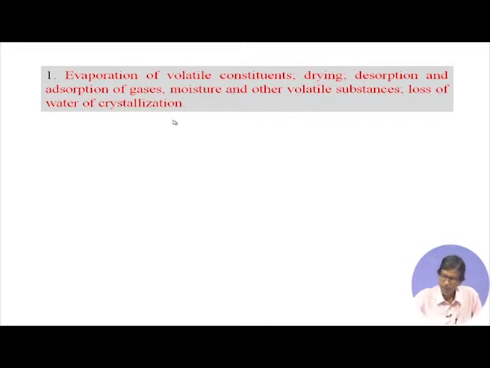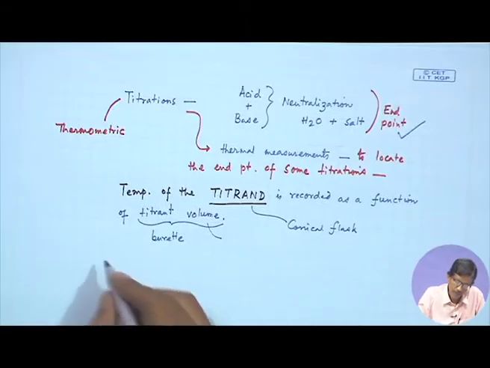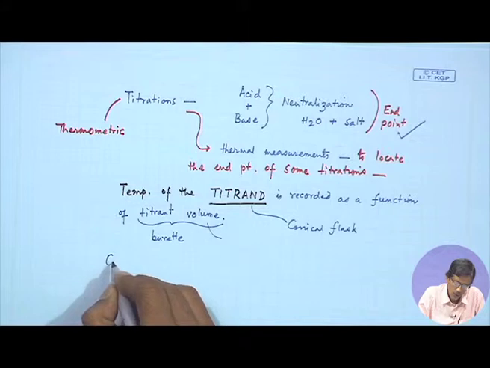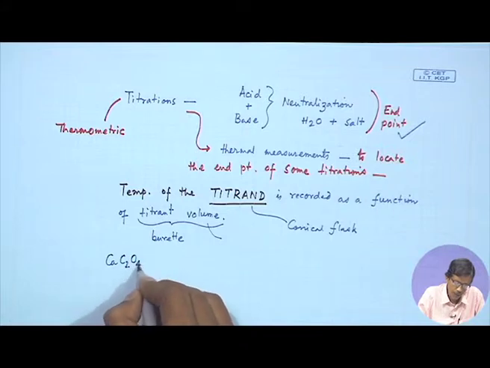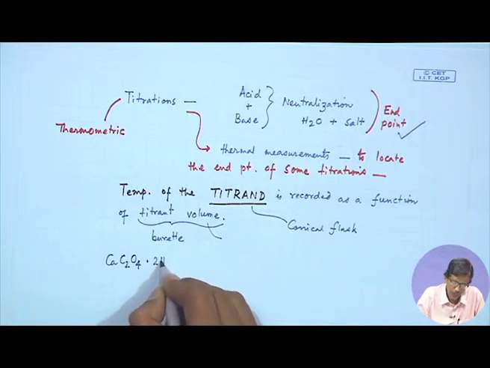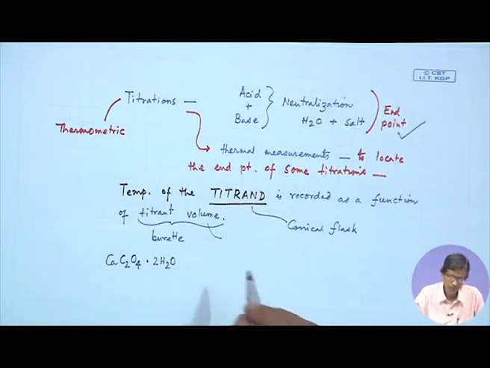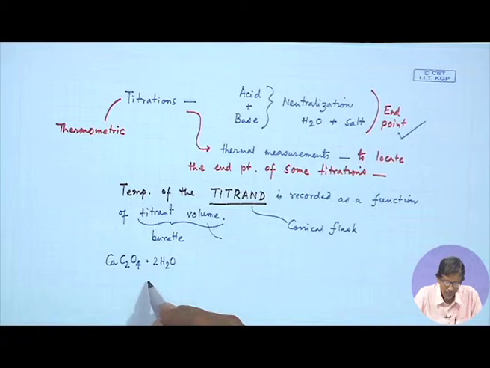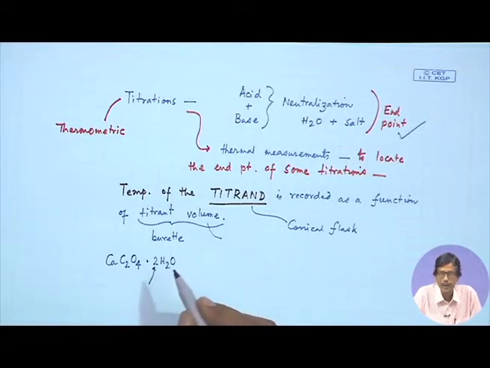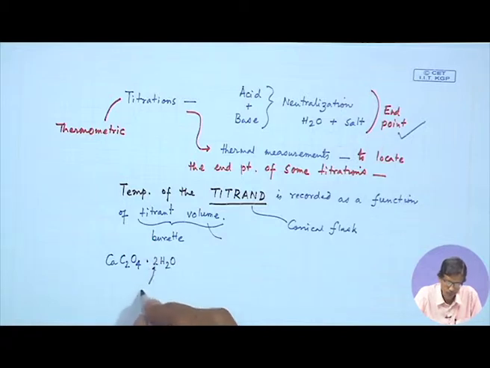That means, if you have water of crystallization, just now I told you that we will consider in some of our classes a very useful reference material for calcium or any other thermobalance, because of how we standardize a thermobalance. A thermobalance can be standardized by using a sample of calcium oxalate. It can be monohydrate or dihydrate. So, we should be very careful about knowing the number of water molecules.